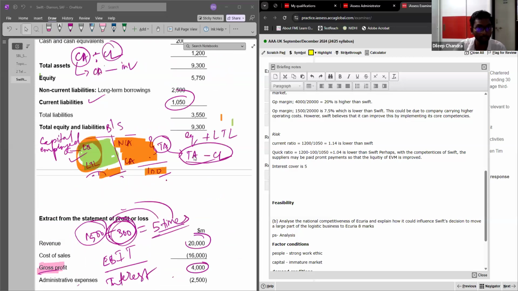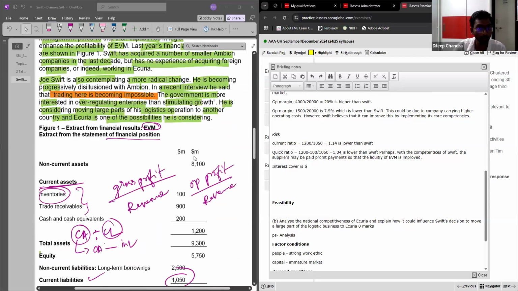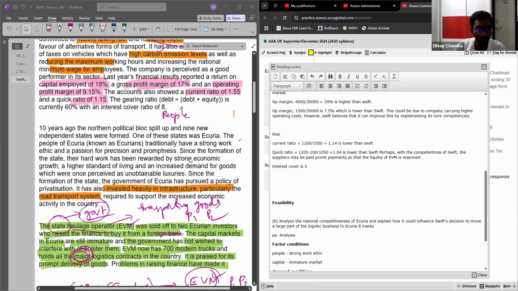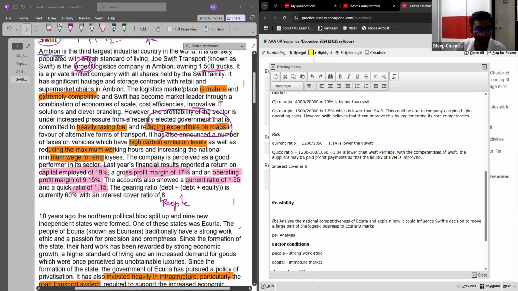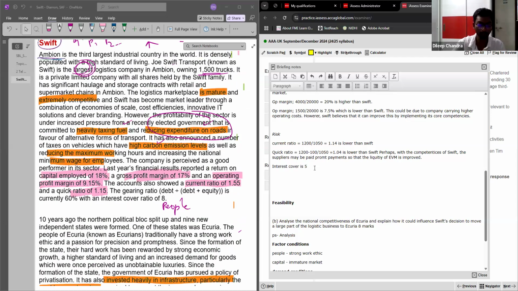And how much is the interest cover for Swift? 8. Interest cover ratio is 8. Okay, interest cover ratio is 8, right? Again, this interest cover is 5, which is lower than Swift.